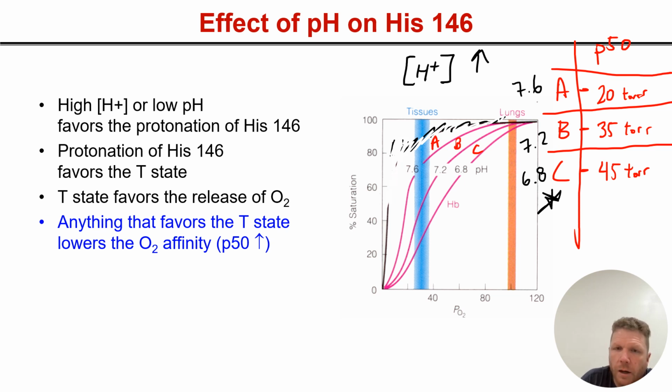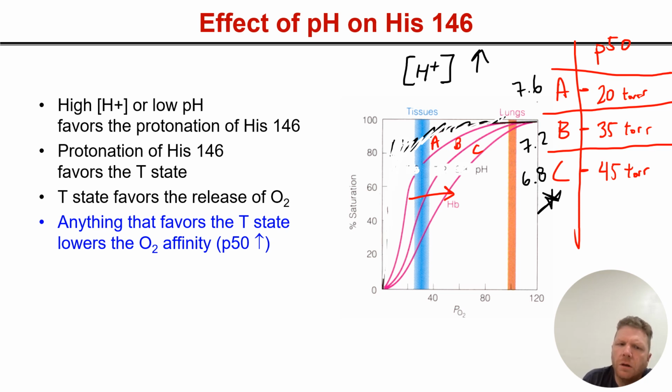How would you describe the binding curve for protein A compared to B? You could say that B is A shifted to the right.